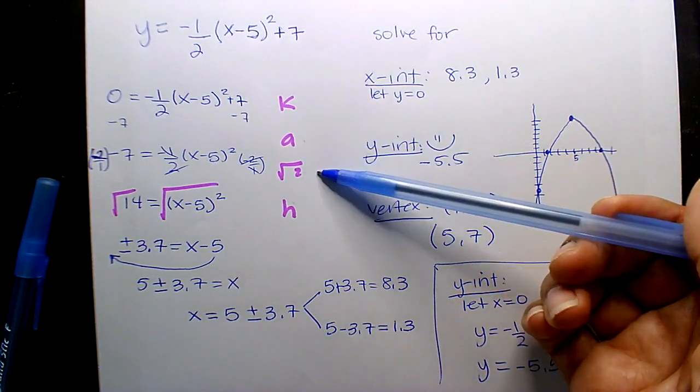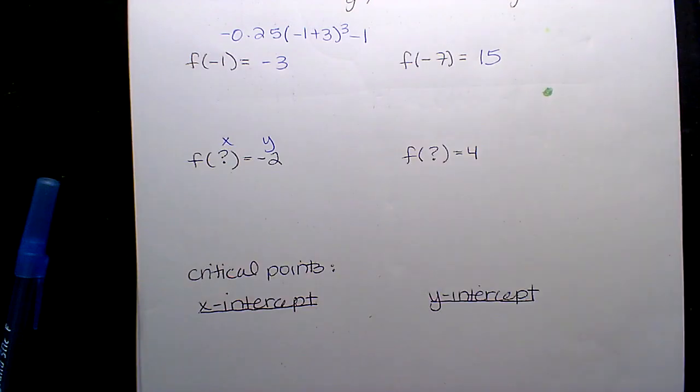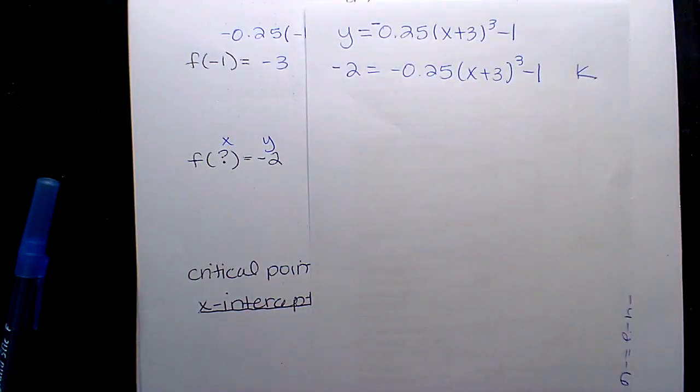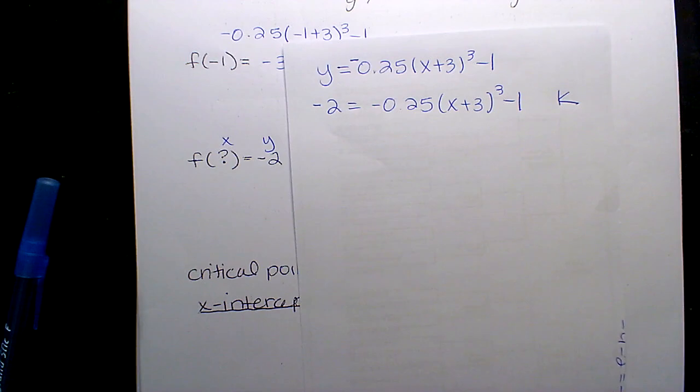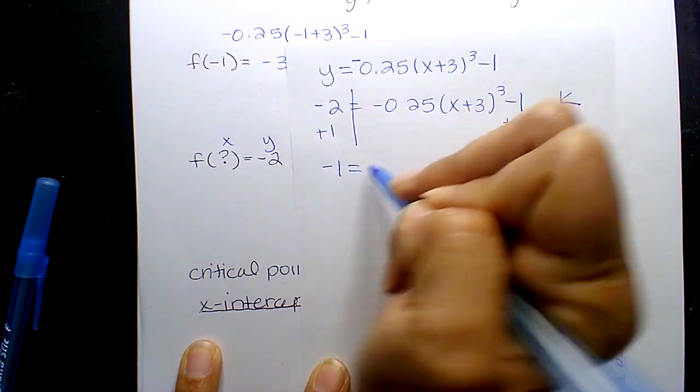K, A, inverse the function, H. That's it. So when you come to this, I want K. What's my K? What number is the K? Negative 1. So what is it going to become on the other side? Positive 1, right? So I get negative 1.